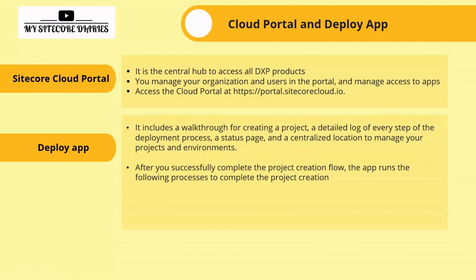And when you talk about the Deploy app, it includes a walkthrough for creating a project. You can create a project in the Deploy app, with a detailed log of every step of the deployment process, a status page, and a centralized location to manage your projects and environments.